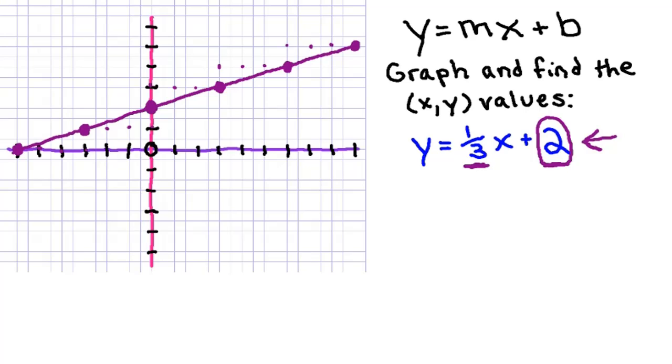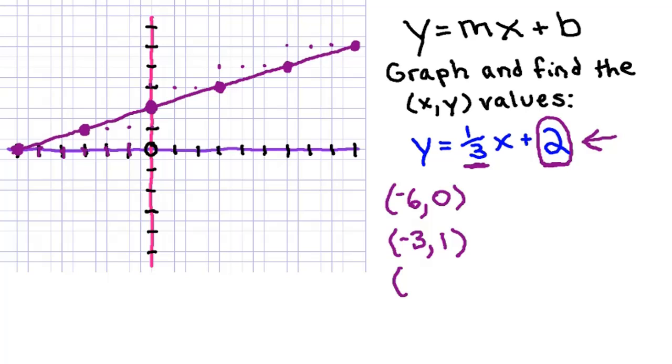And so our x, y values can be really any one of these points along the line. Our x, y value could be negative 6, comma, 0. Or negative 3, comma, 1.